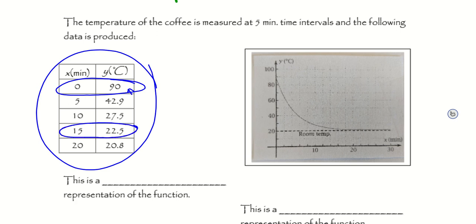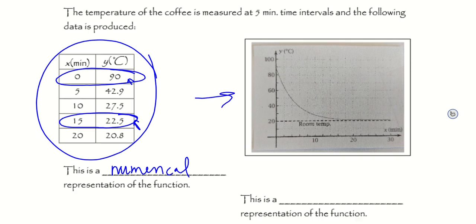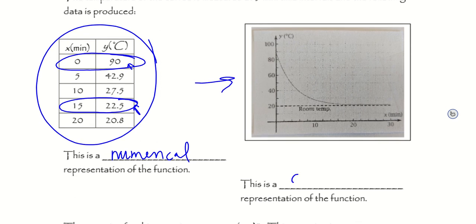Then after 15 minutes, the temperature of the coffee has dropped to 22.5 degrees Celsius. This is a numerical representation of the function. Next to this, I have a graphical, right? I have a graph. It is a graphical representation of the function.